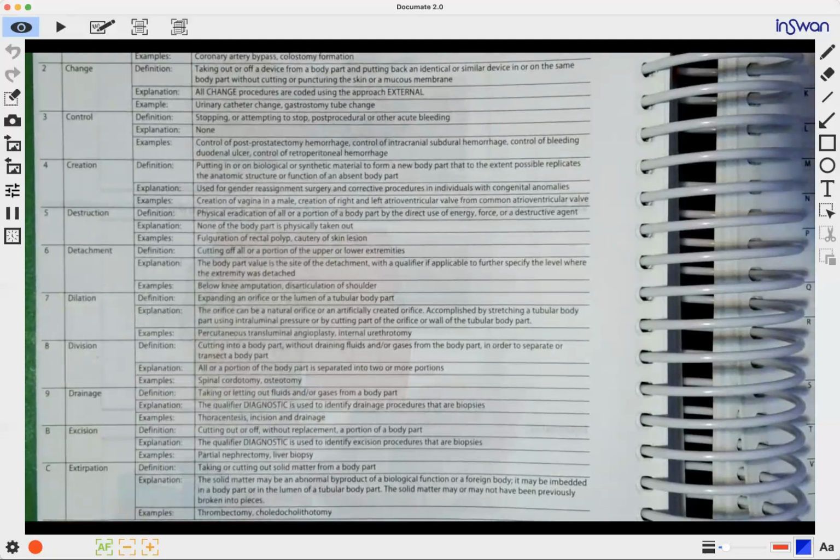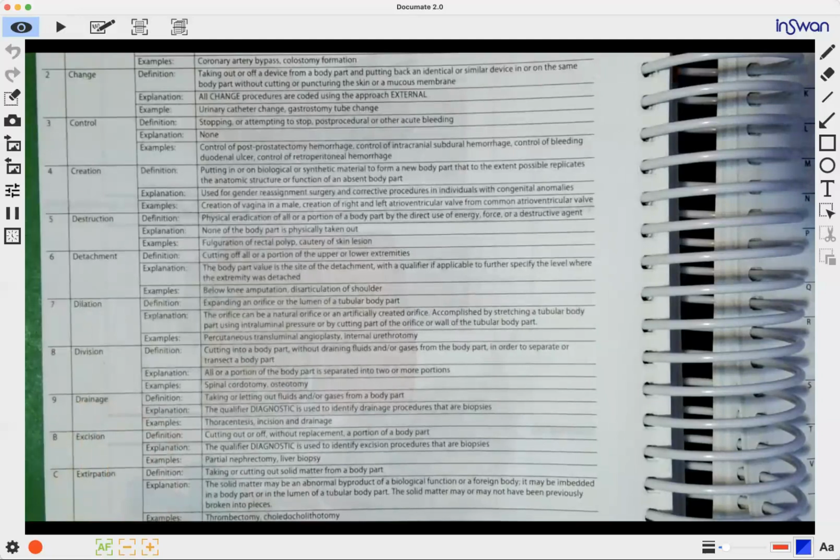So a division might be an otomy, because that is to cut into, right? Some of the other common terminology that you're going to be looking for is when they say ectomy, for example, and we haven't gotten to these root operations yet, but an ectomy could be an excision, it could be a resection. So those prefixes and suffixes that you learned when you did your medical terminology, those are really going to come in handy here.